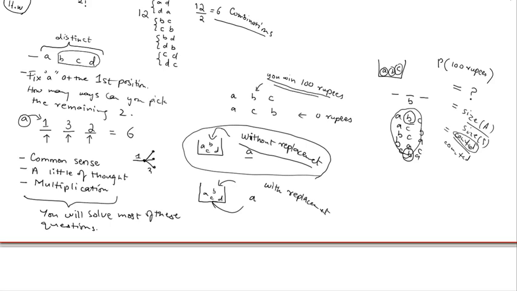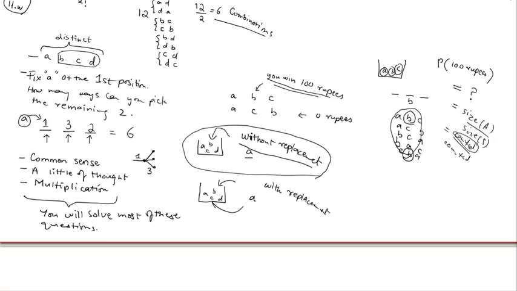So this is what I meant when I said sometimes we overcomplicate the question. When we're dealing with the second stage, it means I only have to pick one object. So I just look at my options. I have 3 options. Okay, I make these 3 branches. And then the third stage, I have to pick one more object.